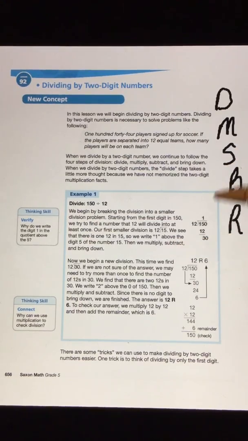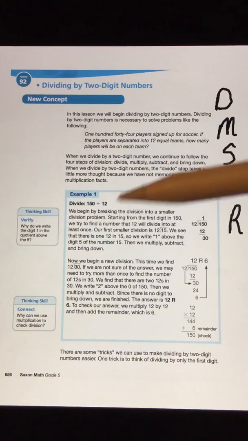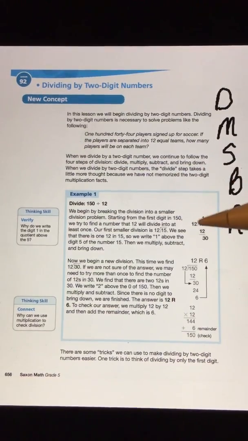So in our example 1, when we begin dividing by two-digit numbers, we break the problem into smaller parts. The first thing we look at is how many times would 12 go into 15? We don't jump right away into the 150. 12 would go into 15 one time. 12 times 1 is 12.